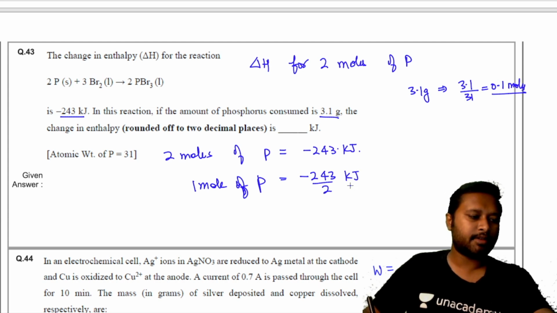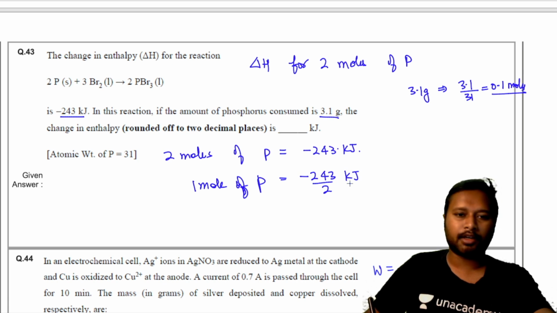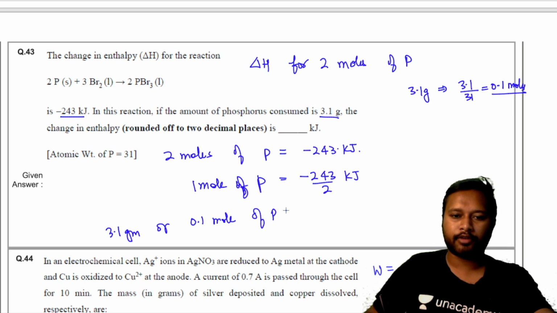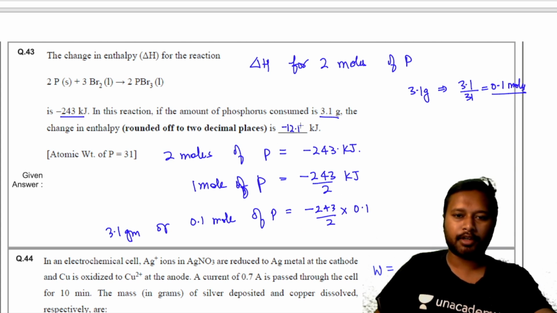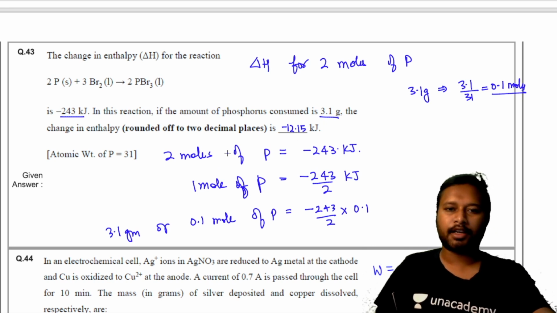For 0.1 mole, or 3.1 gram of phosphorus, it will be minus 243 divided by 2 multiplied by 0.1. Solve this whole and your answer will come out minus 12.15. So this is going to be the final answer for this question.